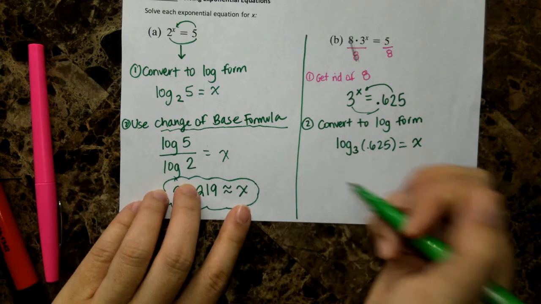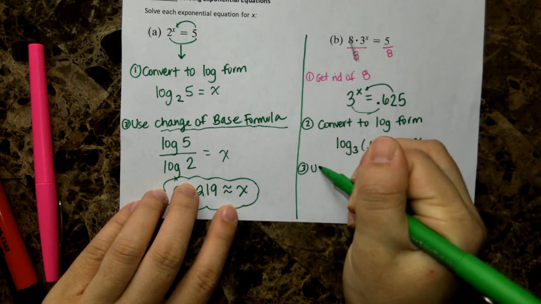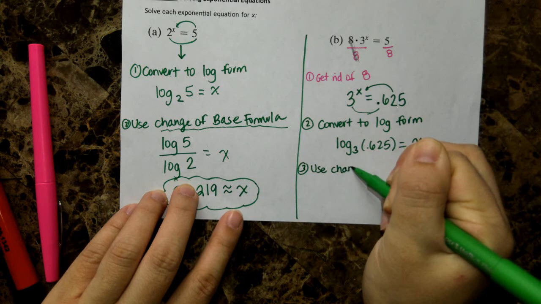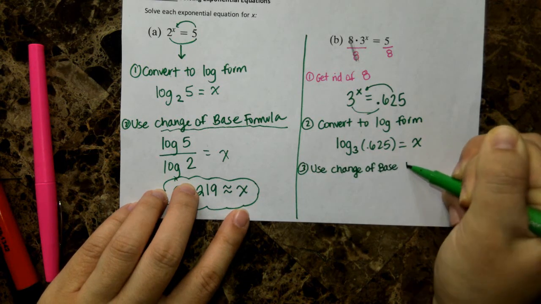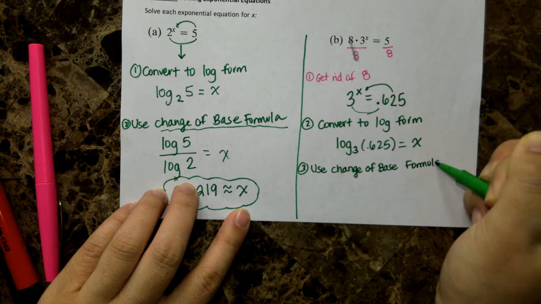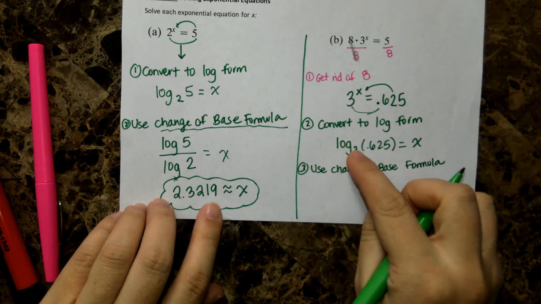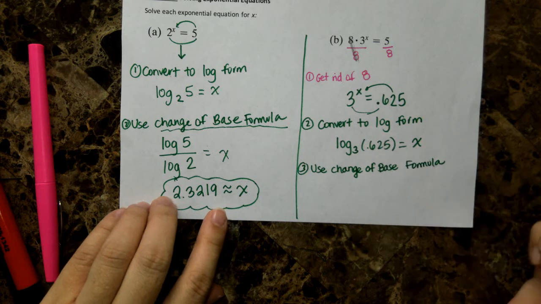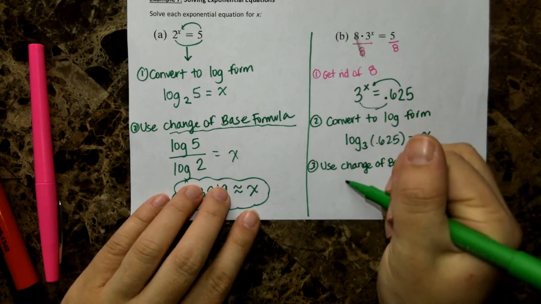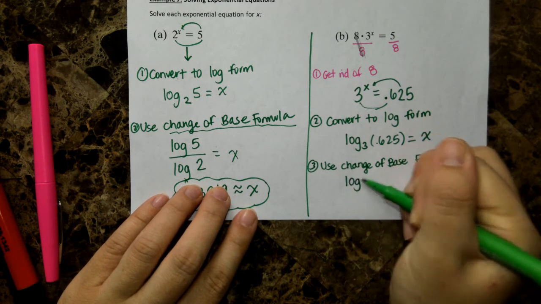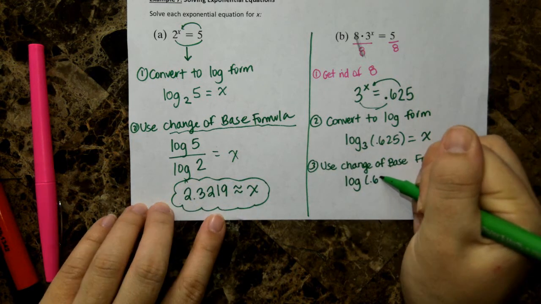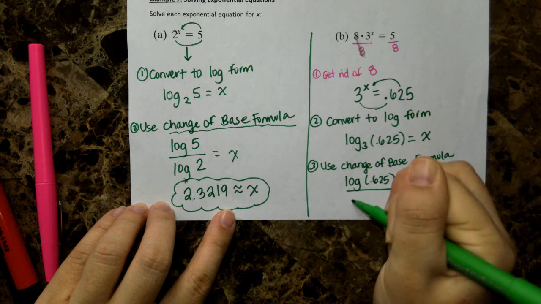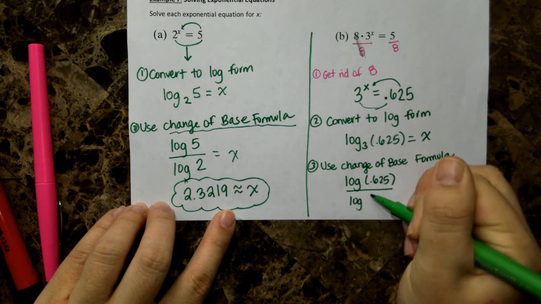I can use the change of base formula though, which we learned about last chapter. The change of base formula just says that if you have log base of a number, of some other number, you can always calculate it with base 10. So you can also rewrite this as log base 10 of 0.625 divided by log base 10 of 3.